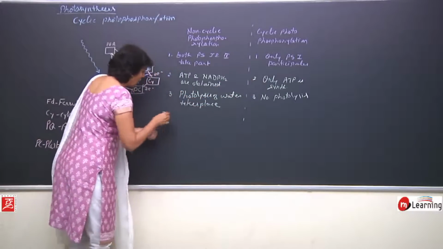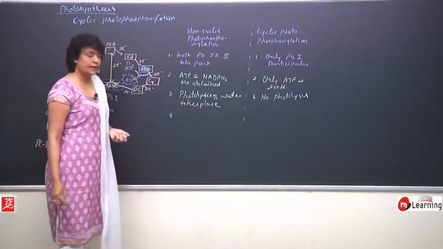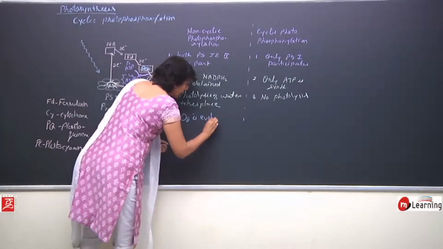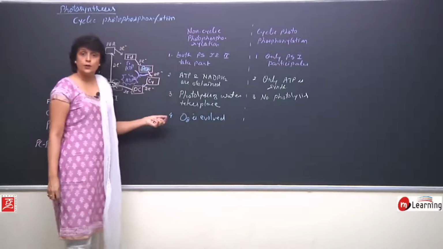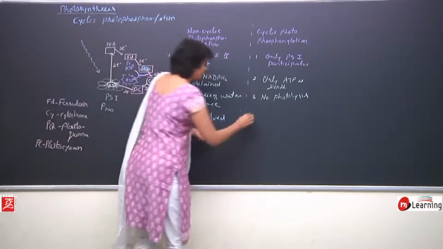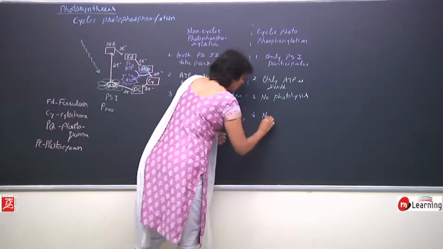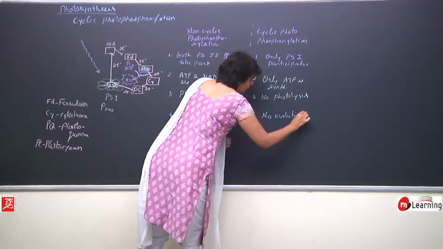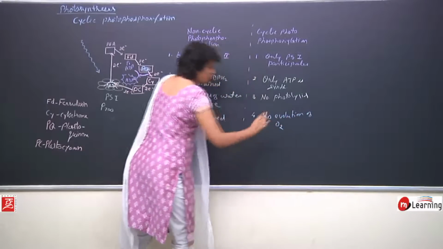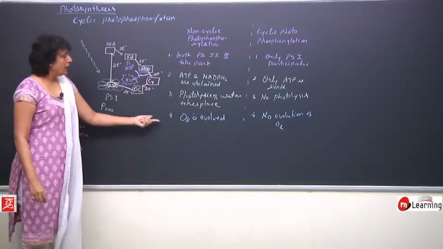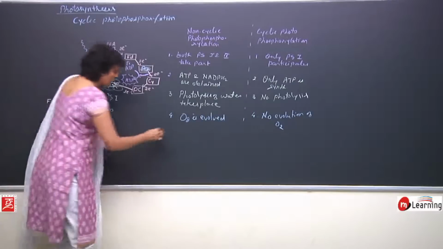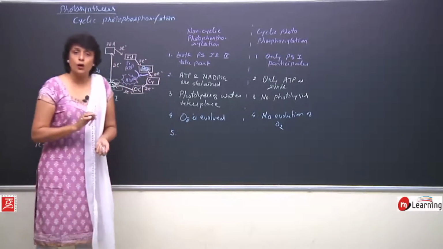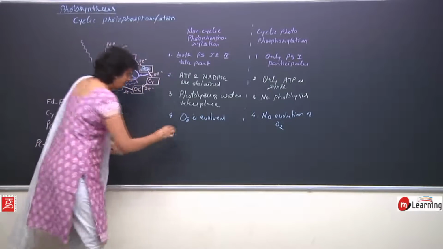So, in case of non-cyclic, oxygen is evolved as a result of photolysis, whereas in case of cyclic, there is no evolution of oxygen. The non-cyclic photophosphorylation takes place in all normal or optimum conditions.